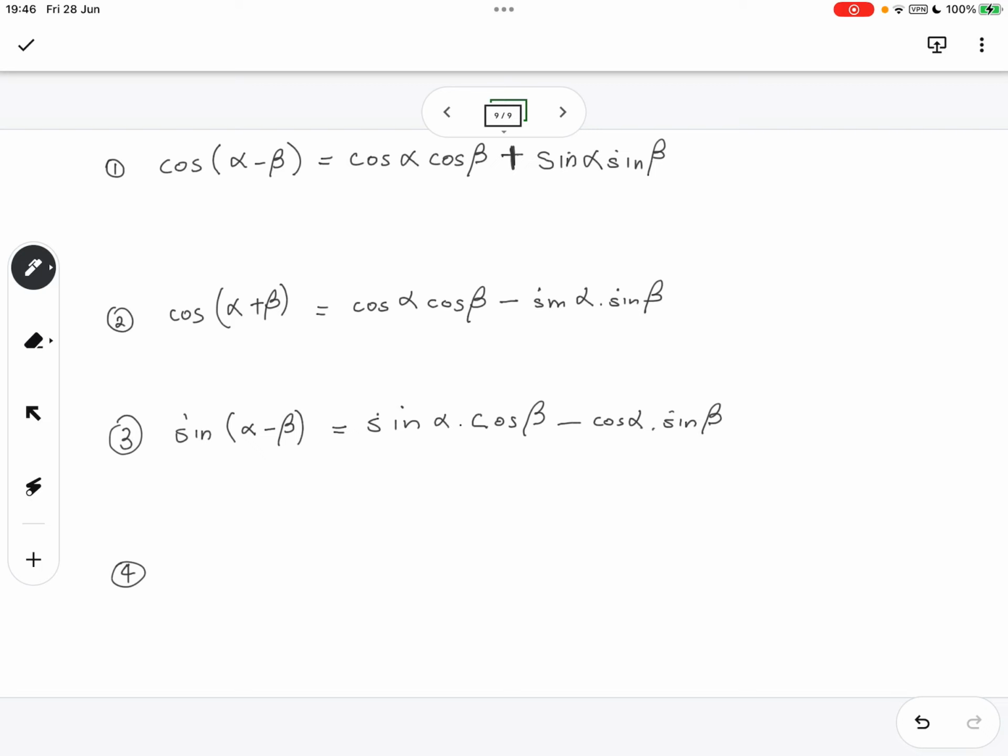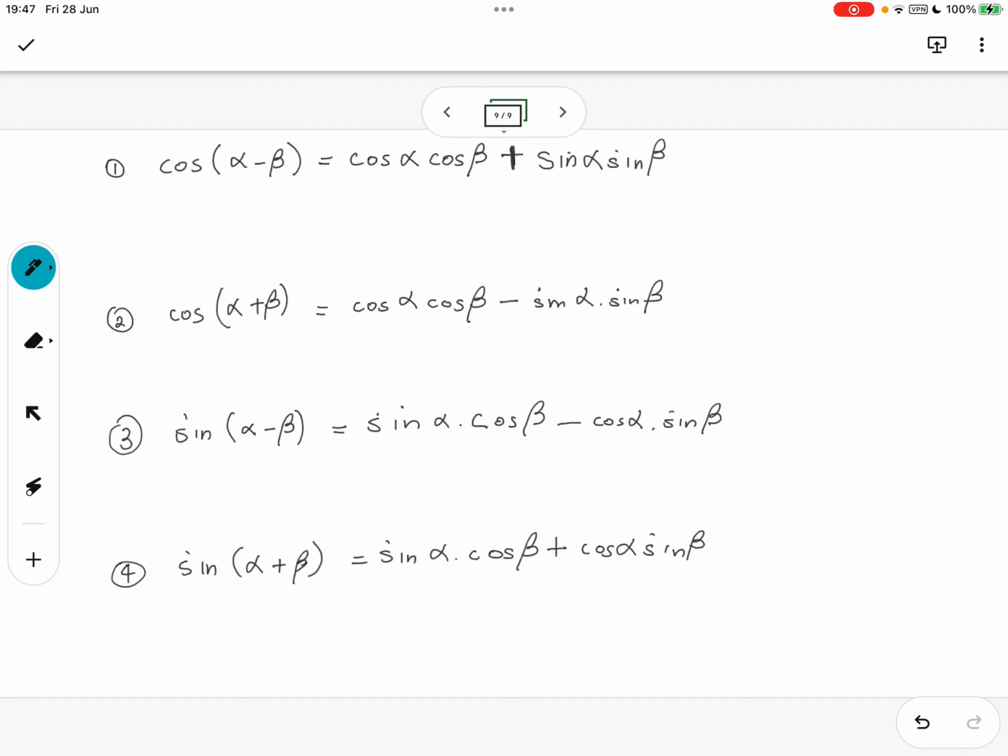And the last one of the compound angles is the sine of alpha plus beta, which equals the sine of alpha times the cos of beta plus cos alpha sine beta.